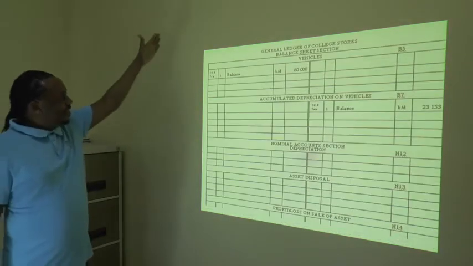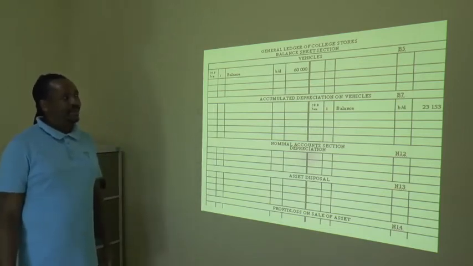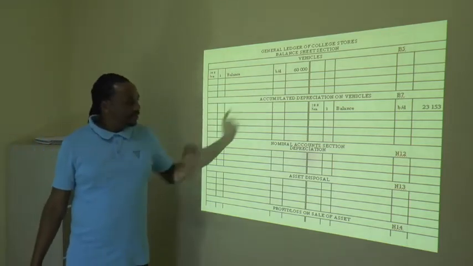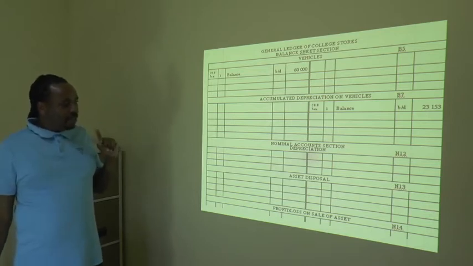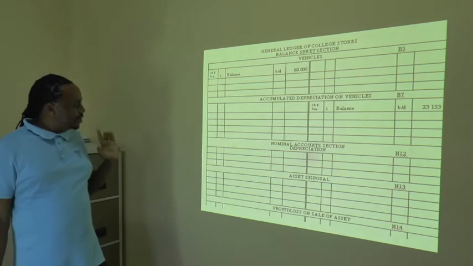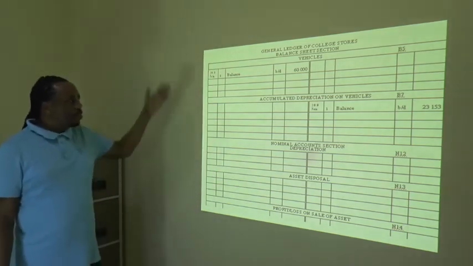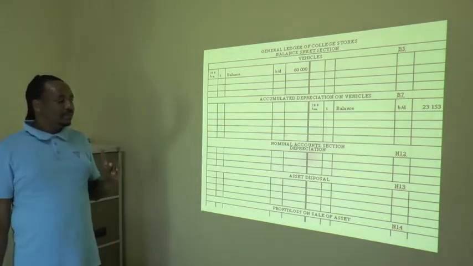Let us look now at how to draw this in the general ledger. I want you to ensure that you take into consideration most the asset disposal account, but we are also going to highlight other accounts because there will be a double entry principle.